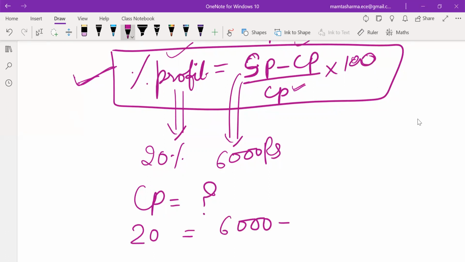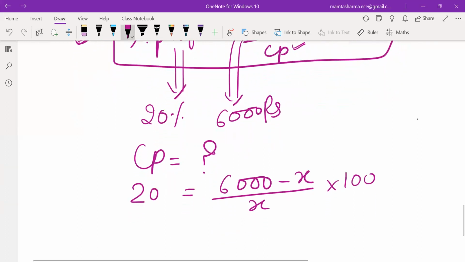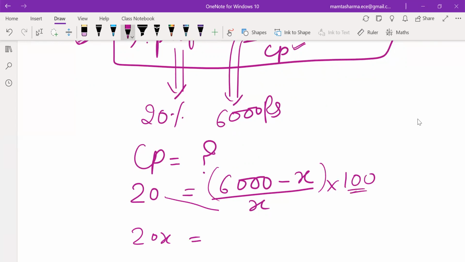CP is not given, so you can assume the CP as x, or keep the CP as CP only. So now what you have to do, you can cross multiply. 20x would be, you have to multiply this 100 with the 6,000 minus x into 100.